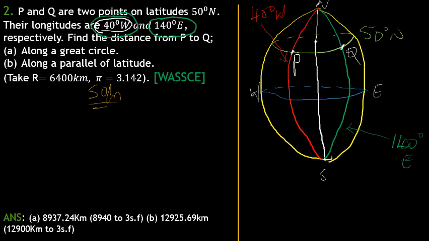Listen, anytime the angular difference is 180, it means that this Q here lies on the same great circle, on the same meridian. Okay, it's just like this, and then this other side. This is a great circle.